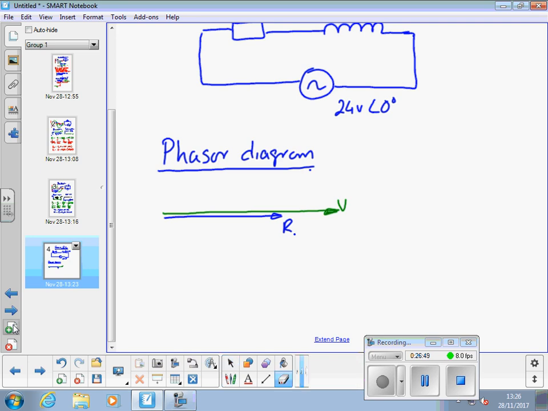IR, the current in the resistor, is in phase with the voltage, remember. And we've got a current IL 90 degrees out of phase, lagging, minus 90 degrees.